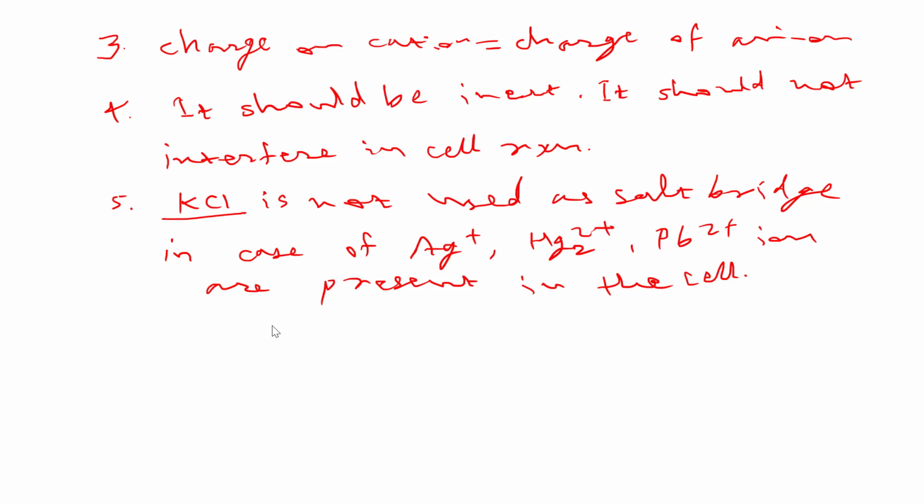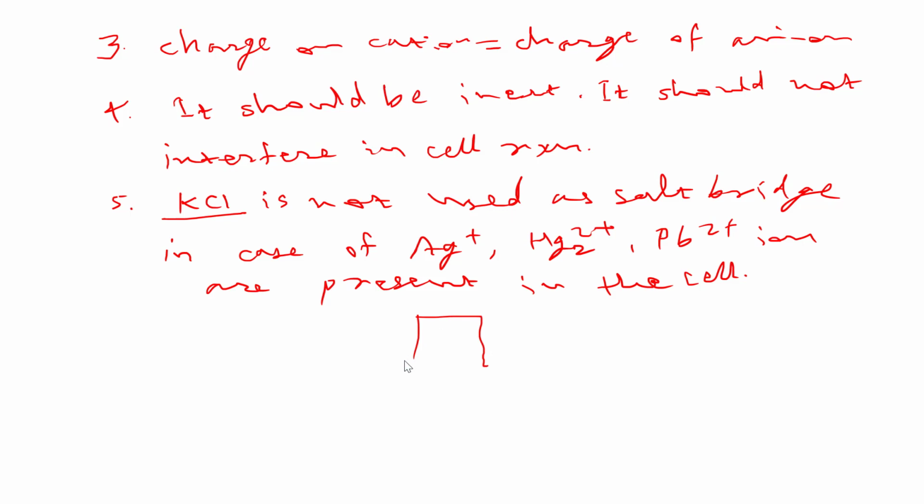And due to the precipitation, the cell will not work. Why does it stop working? Because the potential will be the same then.